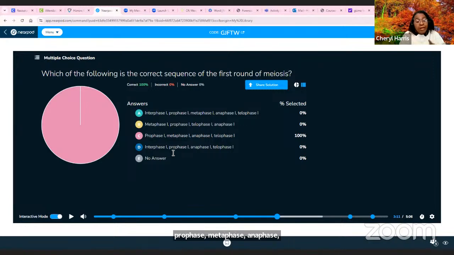And then they have ones next to them because we're going to repeat these phases, but there's a phase 2. So mitosis only has 1 phase, but meiosis has 2 phases. So we say prophase 1, metaphase 1, anaphase 1, telophase 1.